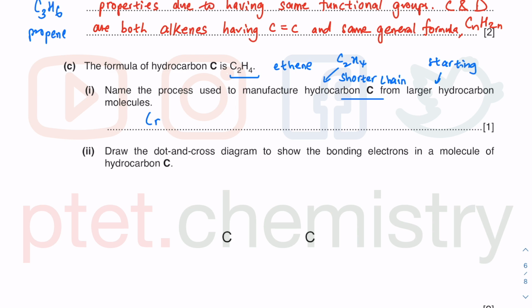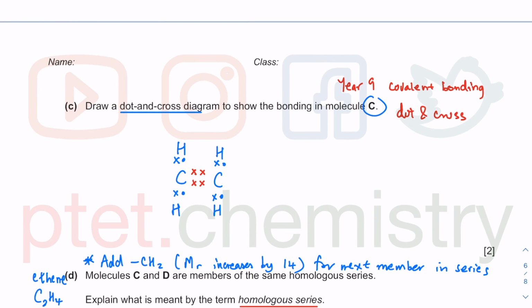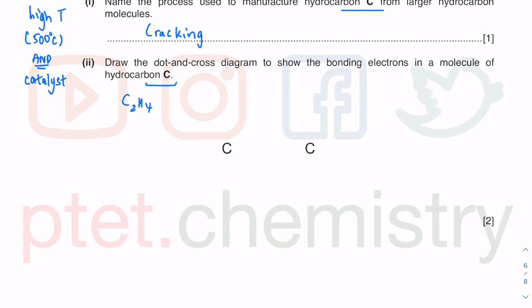This is called cracking of the long chain hydrocarbons, in the presence of high temperature or heat. You also need a catalyst, as that will help you to have a faster rate of reaction. I think this is a repeated question like this. So just be aware that questions do get repeated.